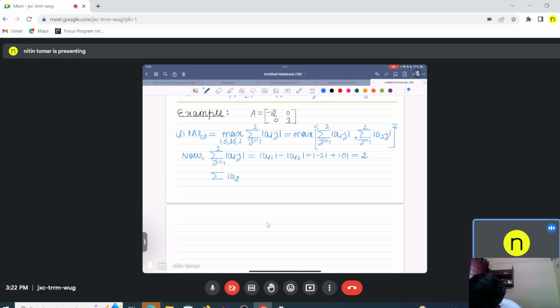And if you go to the second row sum, you will have the sum of the absolute value of a_21 and the absolute value of a_22, which is 0 plus mod 1, which is 1. So what is the maximum out of these two? The maximum is 2, right? So hence norm A infinity is 2. Okay.